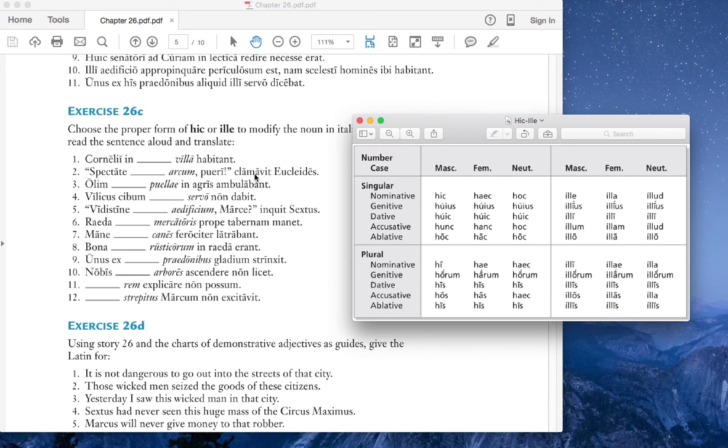So Euclides shouted, watch this or that, or look at this or that arch, boys. I myself was saying this to some of my students, I'm sure, just a week ago. Look at this or that arch, boys. So you have to consider case, gender, and number.